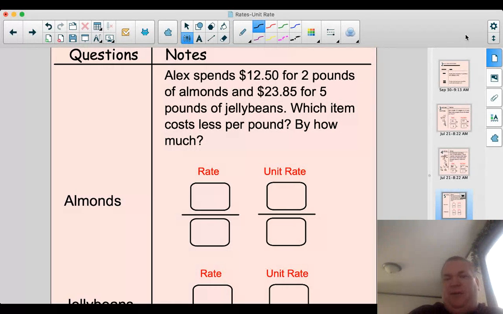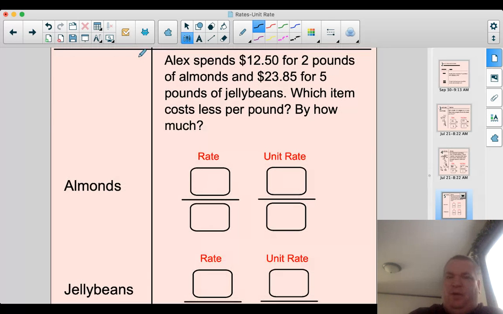So the way to compare these things is to get a unit rate, figure out how much it costs per pound. Okay, once we know how much a pound costs for each one, then it's easy to compare. So let's start with almonds. Okay, he spends $12.50 for 2 pounds. Okay, so I want to know the unit rate.